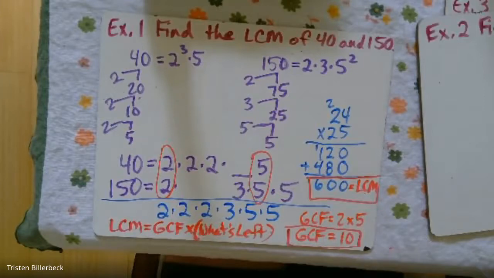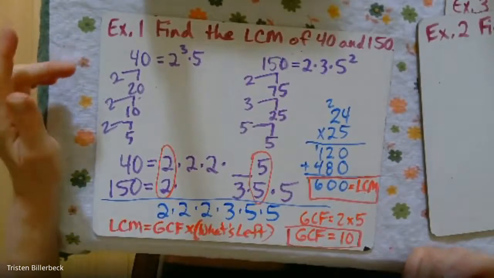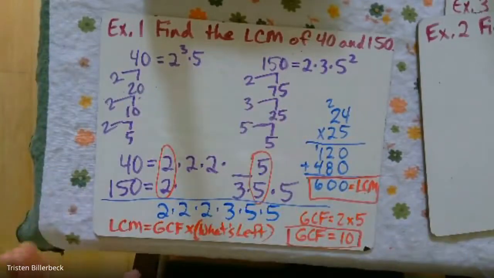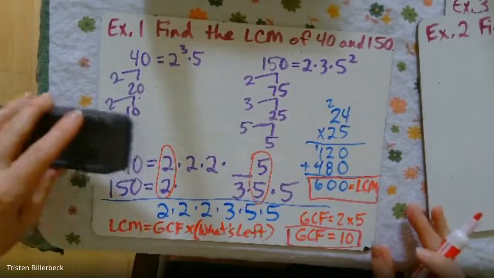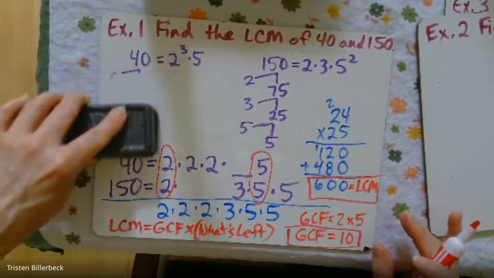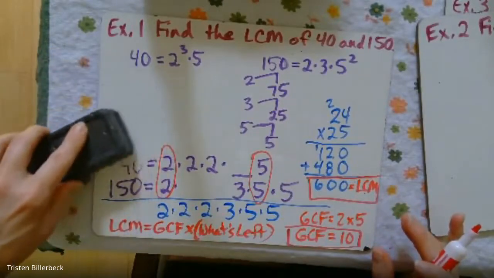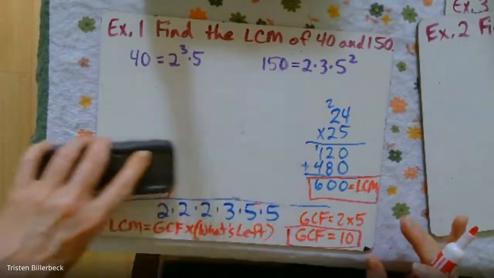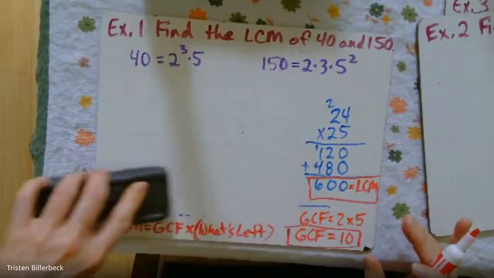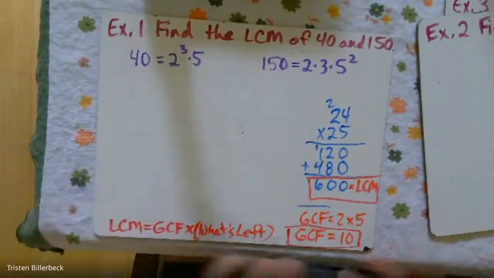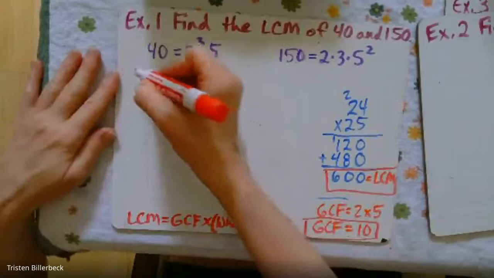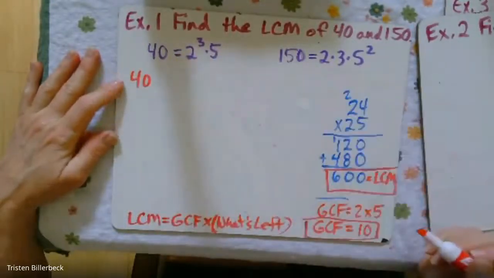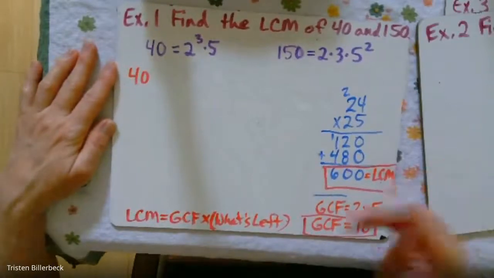All right. We can also look at another way. So let's erase this way we did it. Keep the prime factorization up there. Okay, so another way you might have seen it done is, what are the multiples? We learned multiples. So what are those multiples?